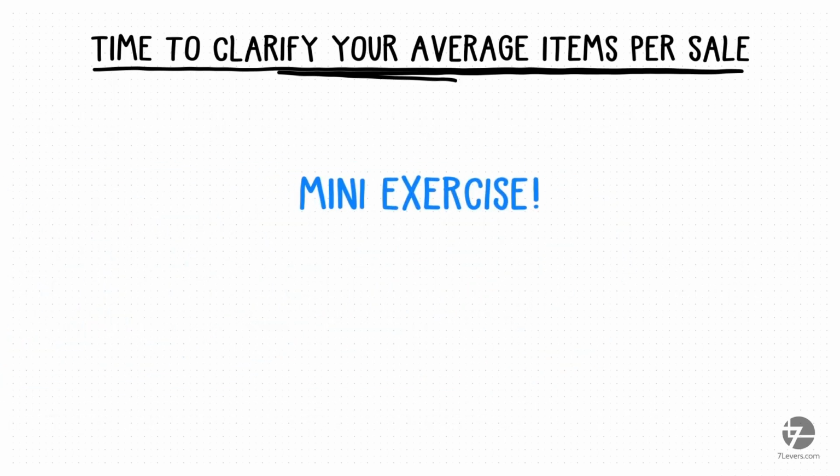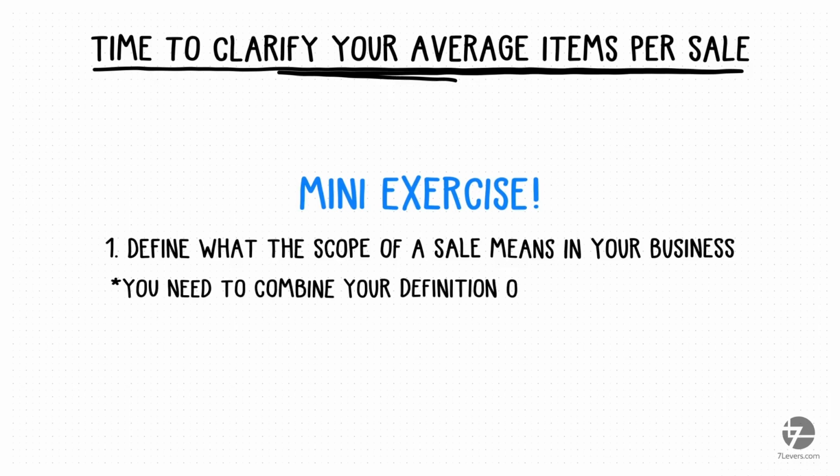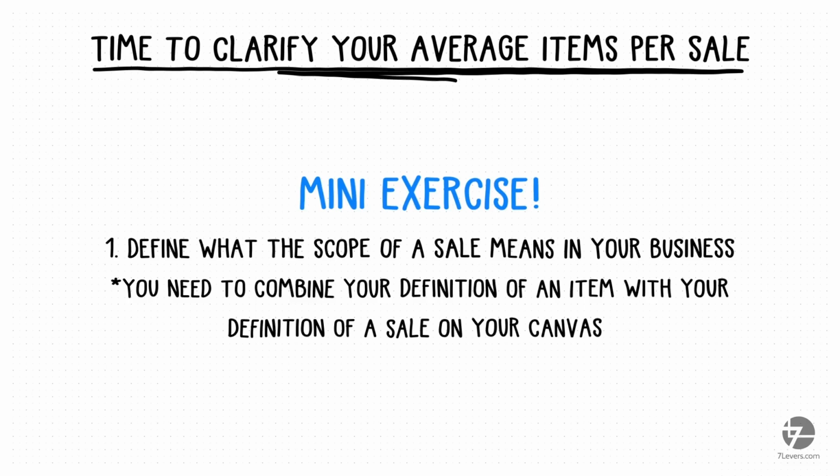Your mini exercise for this lesson is to define what the scope of a sale means in your business. You should already have defined what an item is in your business when you clarified average item price. So you just need to record this new concept of a sale and then add to that your definition of an item.